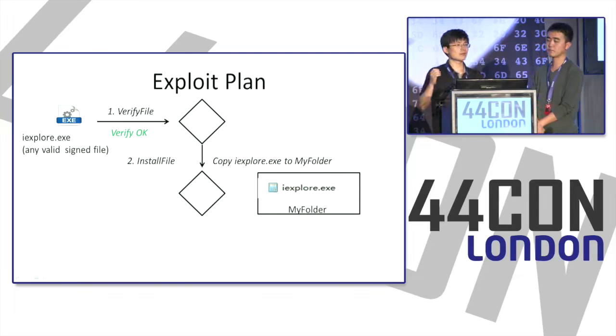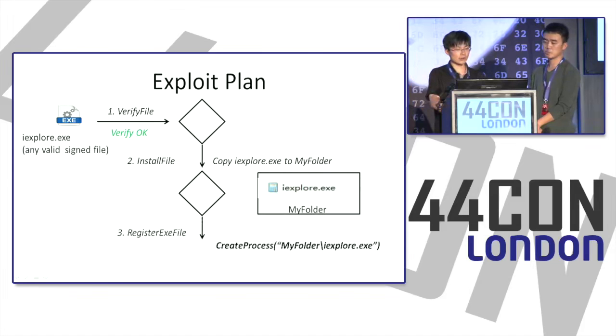For example, we can rename a calculator to iExplorer and copy it to the destination folder to overwrite the original one. And then we call register exe file in the third step, and by doing this, our process will be executed by the broker service, and it will run in medium integrity level, which means we bypass the EPM sandbox.